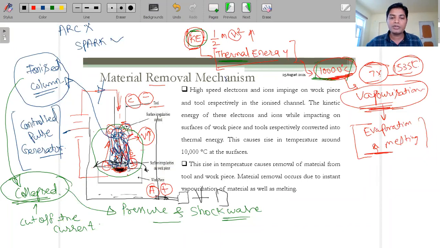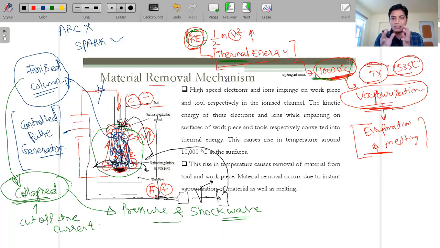In between them we use a filter, so that the removed material and the dielectric fluid are separated. The removed material is nothing but scrap, so it is thrown out, and the remaining dielectric fluid passes to the main reservoir, which is connected with this tool. In between there is a fluid. This is exactly what is happening.